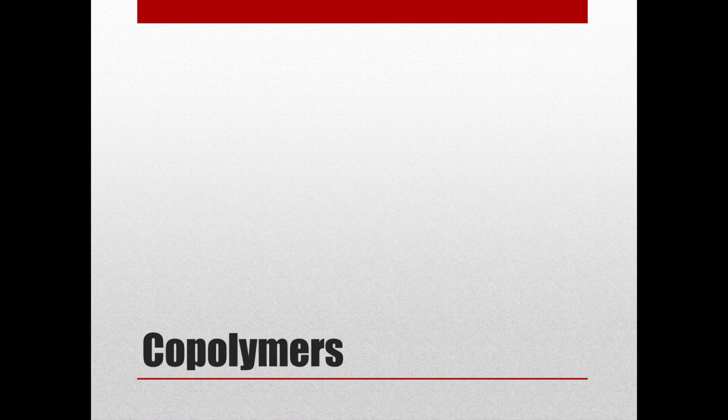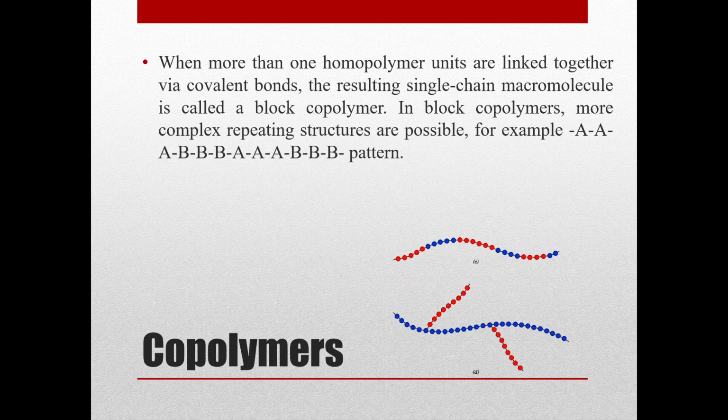The next type of copolymers that might be found is when the homopolymer units are linked together via covalent bonds. The resulting single chain macromolecule is called a block copolymer. As one can see in figure C, the blue one, if there are say 4 or 5 shown over here, that's a block, and the red one also forms a block.